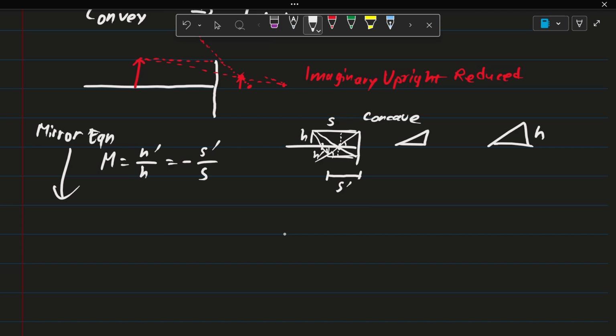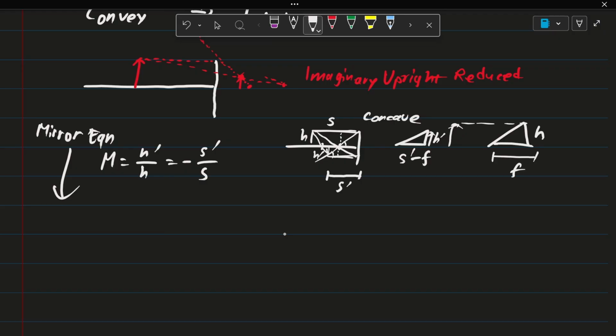In here, the height should be h, and then you have the smaller one, whose height is h prime. We could also state that this length from here to here is S prime minus the focus, because it's the length minus the focus. In here the total length is going to be the focus.